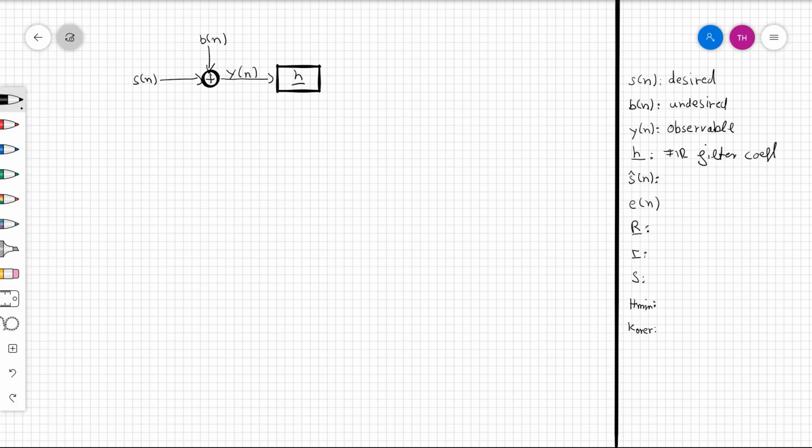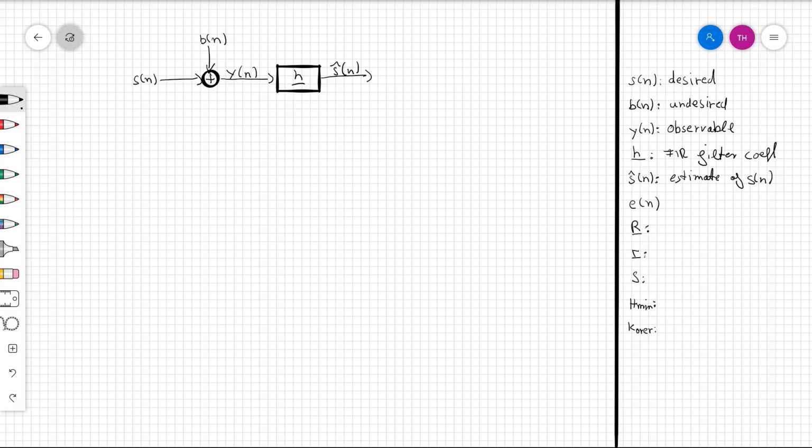And we want to filter the observable signal in such a way that the output of the filter is a signal that is as close as possible to our desired signal. So the output should be an estimate of S of n, the hat here denoting the estimate. So S hat of n is an estimate of S of n.